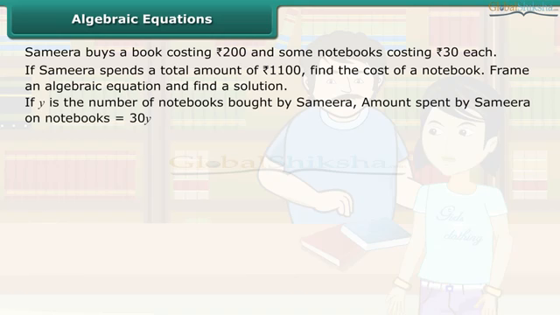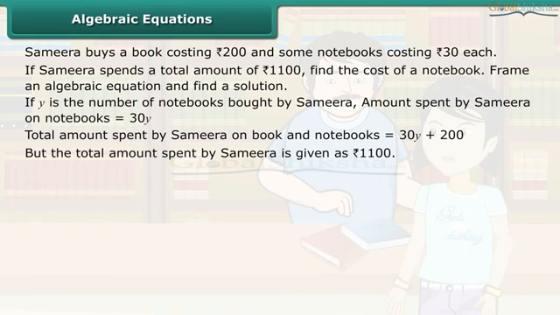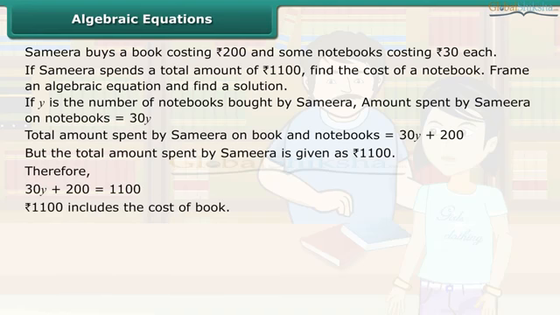If y is the number of notebooks bought by Samira, amount spent by Samira on notebooks is equal to 30y. Total amount spent by Samira on book and notebooks is equal to 30y plus 200, but the total amount spent by Samira is given as 1100 rupees. Therefore, 30y plus 200 is equal to 1100. 1100 rupees includes the cost of the book.